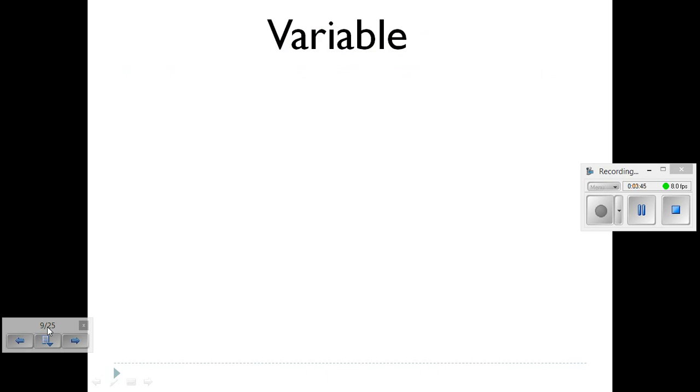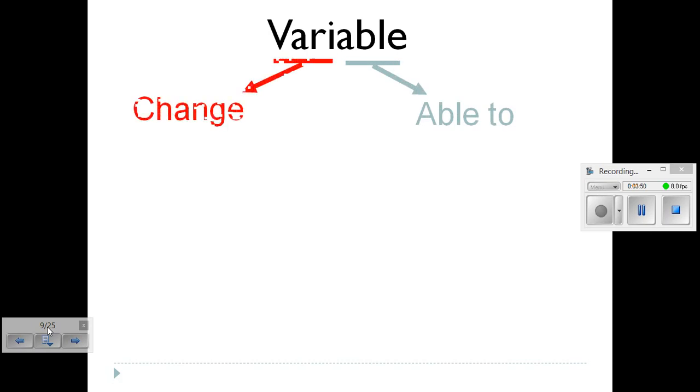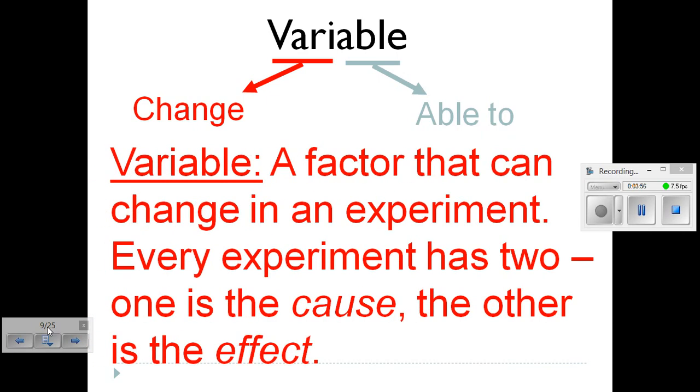When you break it down, there's able, which means able to, and then you have vary, which refers to change. So therefore, a variable is a factor that can change in an experiment, and every experiment has two. One is the cause, and the other, the effect.